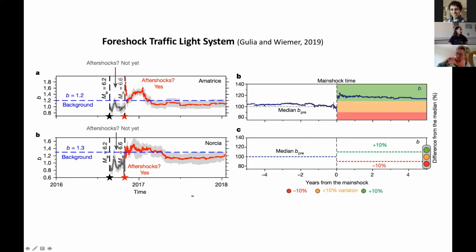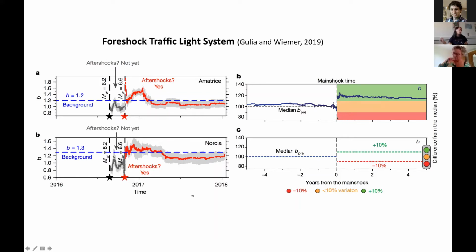So they say that while you have this decrease, and in particular when you pass this threshold, you enter this red zone of minus 10% from the median interseismic b-value, where you need to be aware that something bigger might happen.